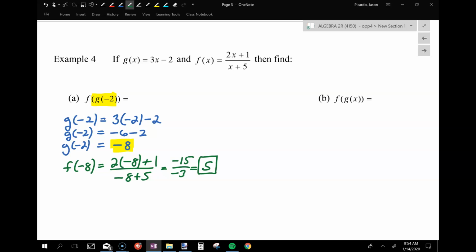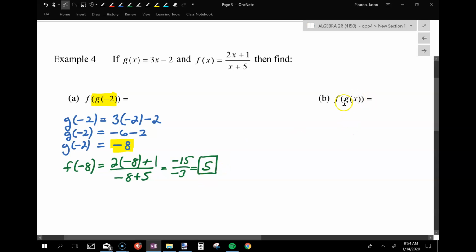How's this next one different? Because it is different. There's nothing to do inside, is there? It just says g of x. So I can't do anything. So what do I need to do? I need to take g of x and plug it into f, not equal to it.